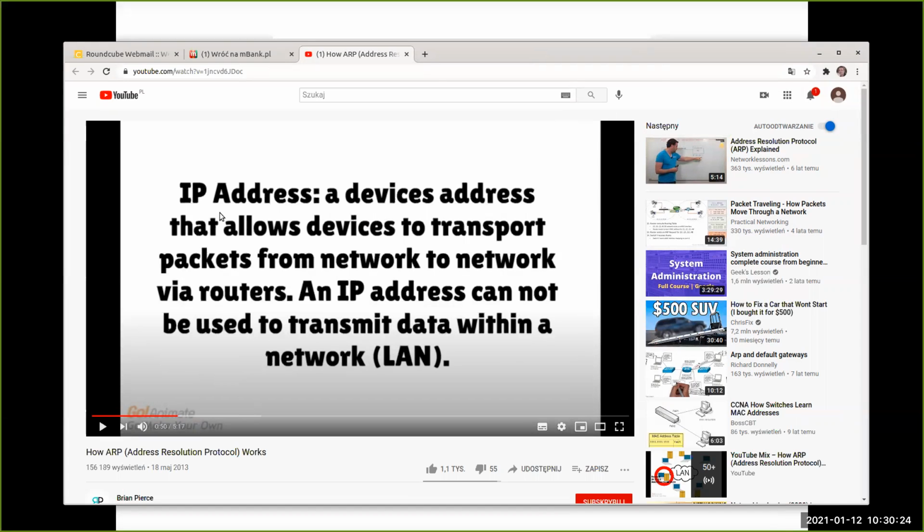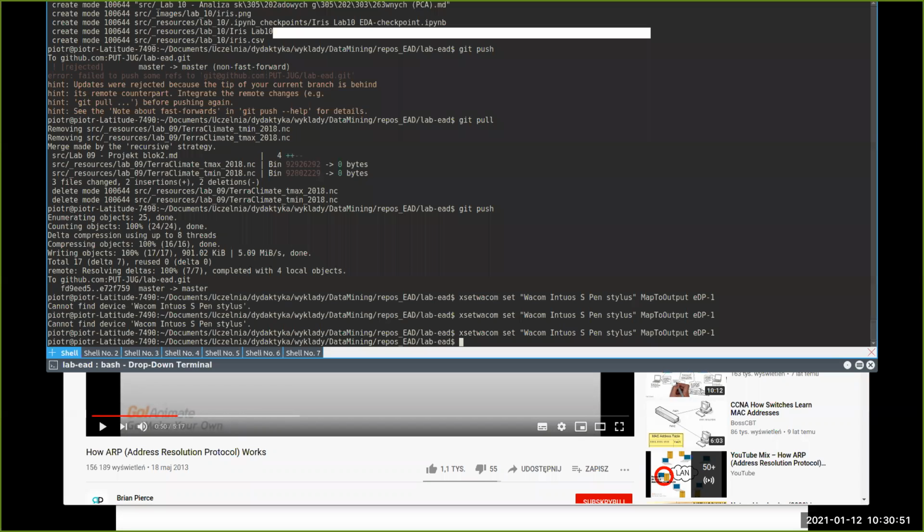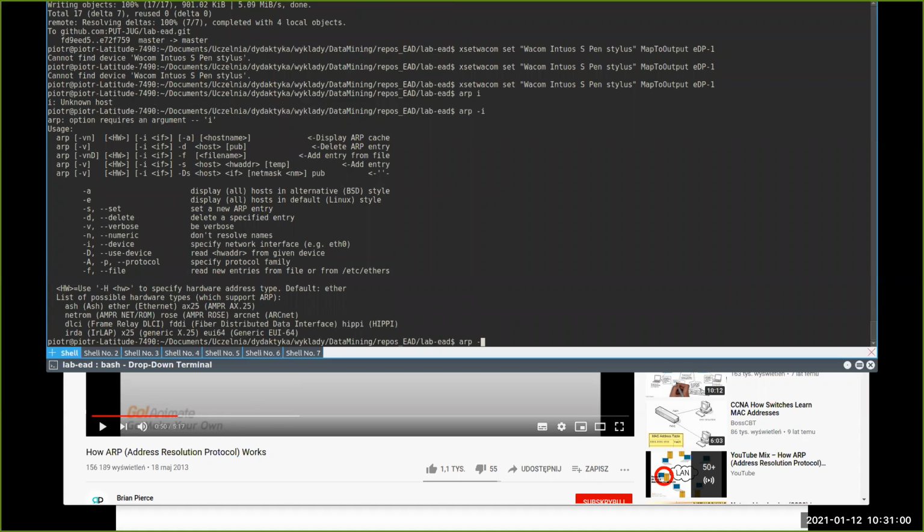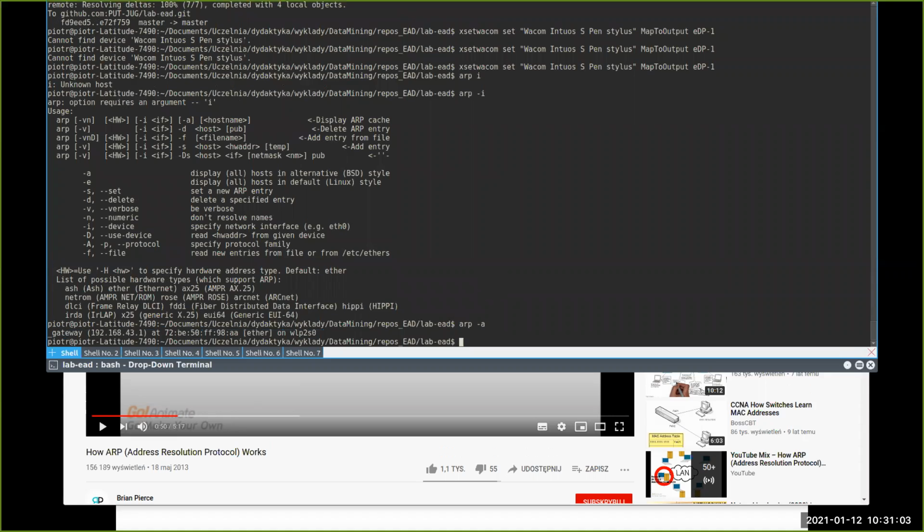Okay, so look, the first issue is that communication in a local area network is performed not using IP addresses, but using medium access control, so MAC addresses.